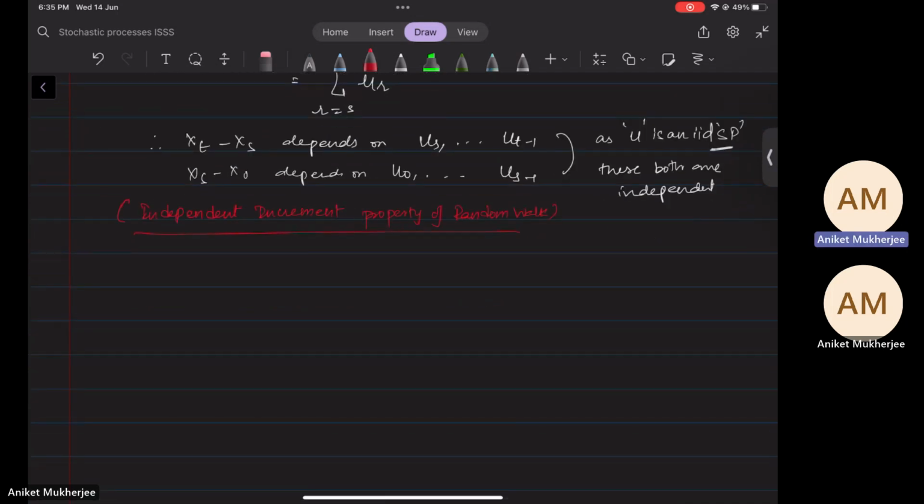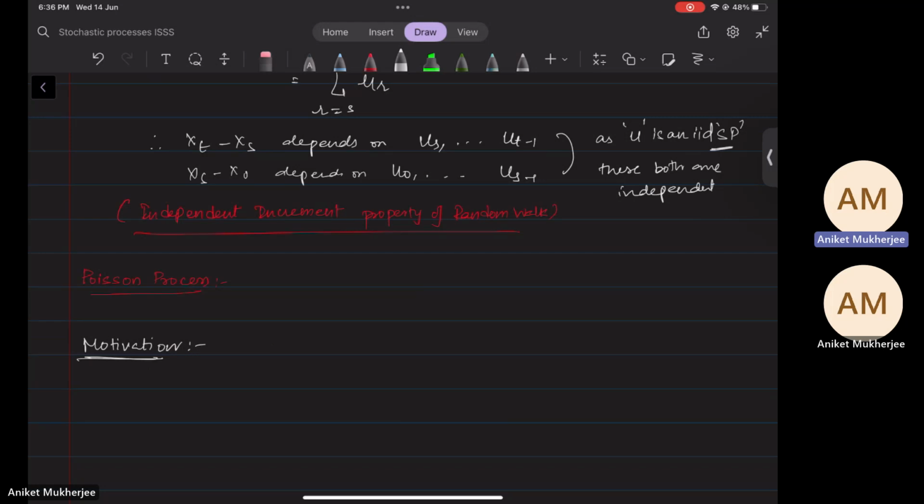So now we'll start the Poisson process. But before that, we'll go through some motivation of why Poisson processes are studied. A Poisson process is basically a counting process.